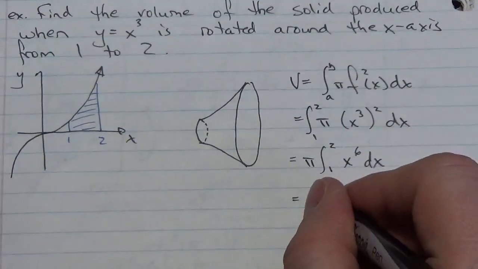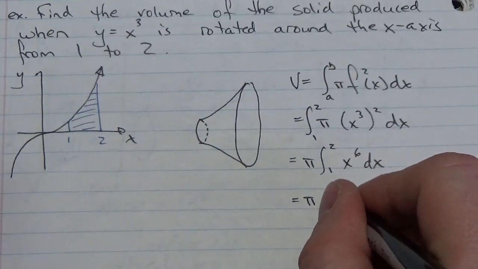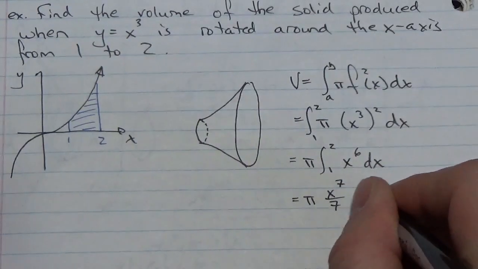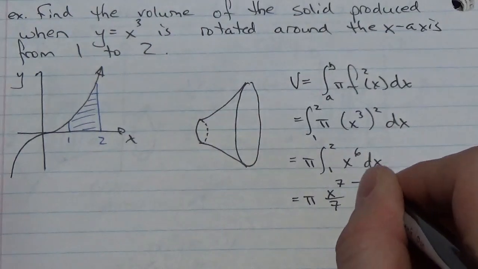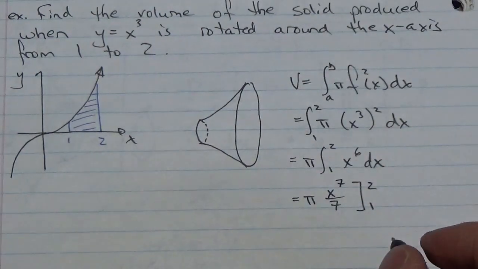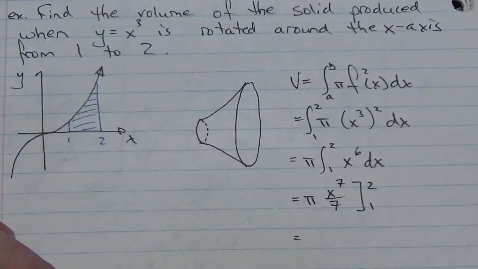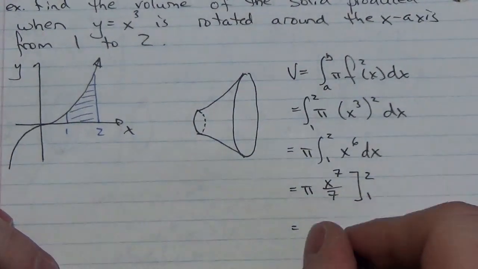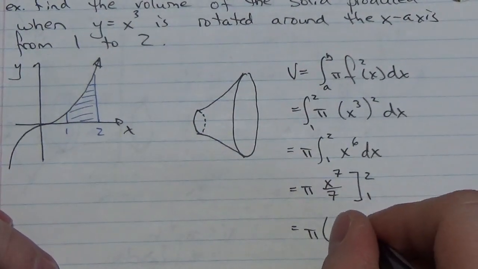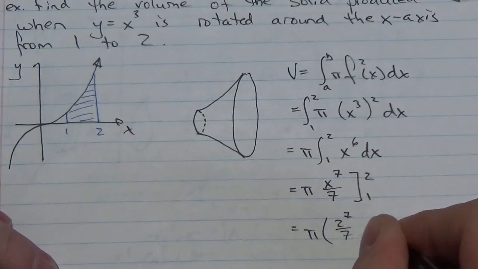Now let's take the integral here. That's going to end up being pi x to the 7th over 7 between 1 and 2. And so now when I plug that in to evaluate it, I'm going to get pi multiplied by 2 to the 7 over 7 minus 1 to the 7 over 7.